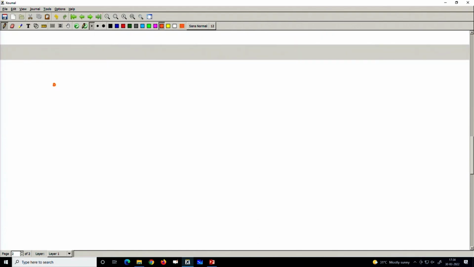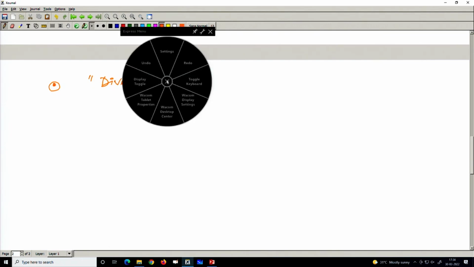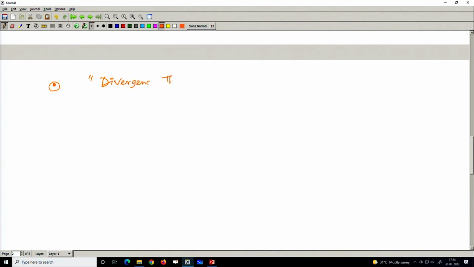The next very important theorem we learn is the divergence theorem.